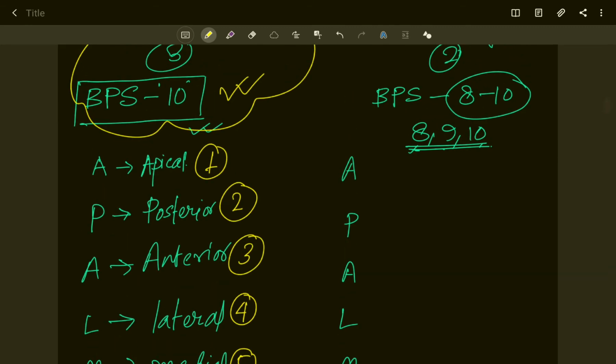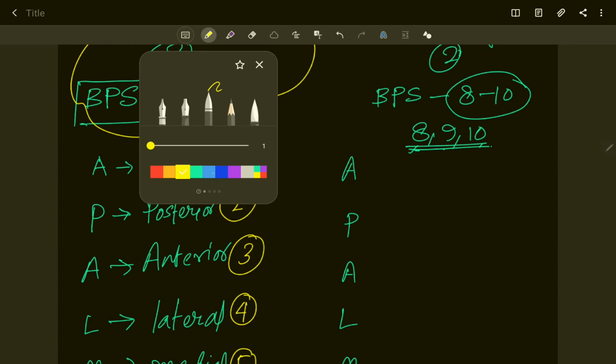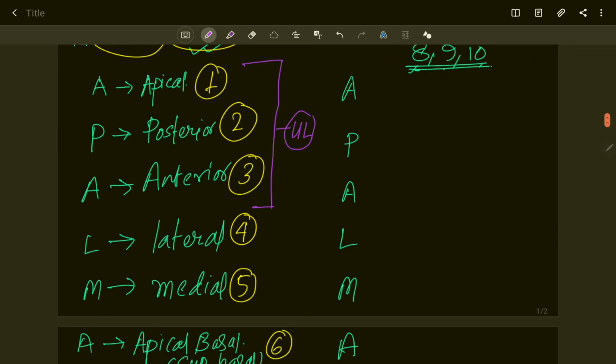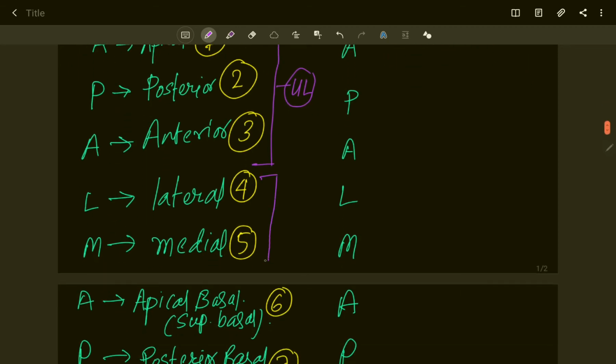So we already know that our right lungs have 3 lobes. These first 3 bronchopulmonary segments are in the upper lobe of right lung, I am writing UL. Next, segments 4 and 5 are present in the middle lobe of right lung.